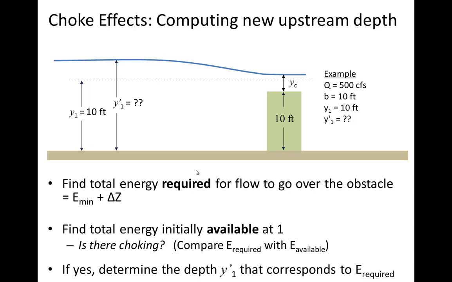We know that there's 500 cubic feet per second, a channel width of 10 feet, the initial depth of 10 feet, and we're going to try and find the new upstream depth. And our process for doing that is to find the total energy required to go over the obstacle. Then we're going to consider whether there's enough energy to satisfy that at 1, and if not, then we'll find out what's the new flow depth that corresponds to how much energy is required. So we're comparing a required amount of energy to how much energy is initially available.